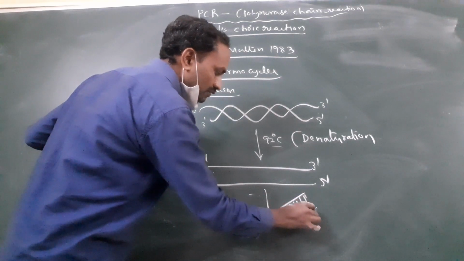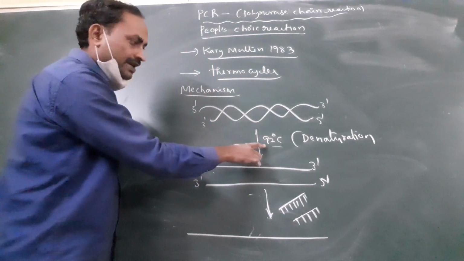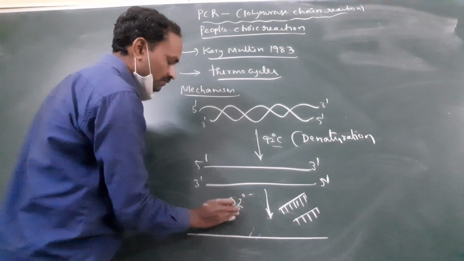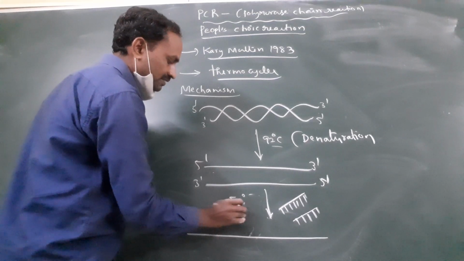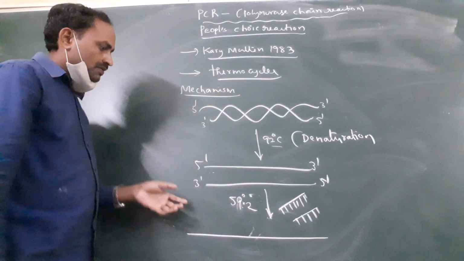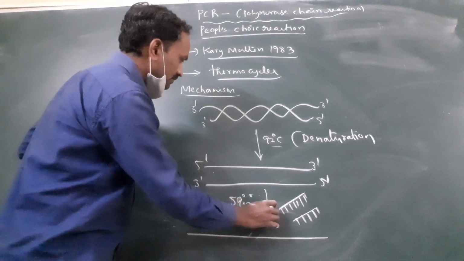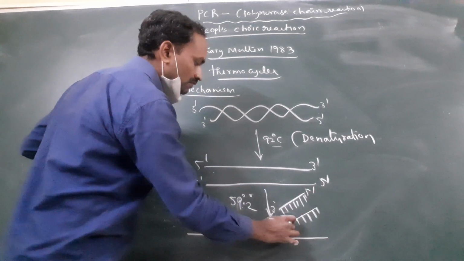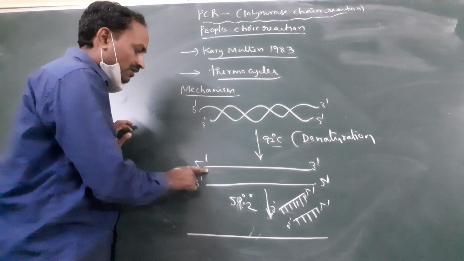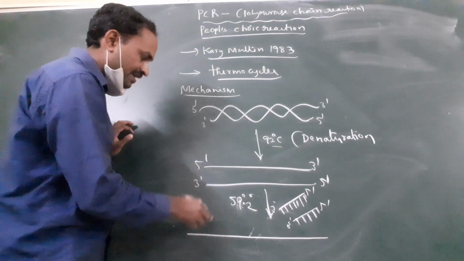When you reduce the temperature from 92 degrees centigrade to 59.2 degrees centigrade, these primers, these oligonucleotide strands, will come and bind to the complementary sequence at the 5' end of the target DNA strand.